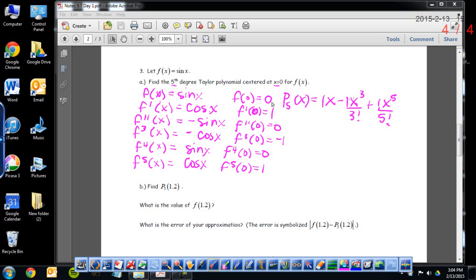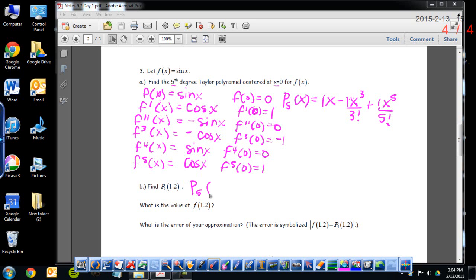Now we're going to use that to find an approximation for sine x at a specific x value. So part B says find p sub 5 of 1.2. What that notation means is use that fifth degree Taylor polynomial that we just created and plug in a 1.2 for x.